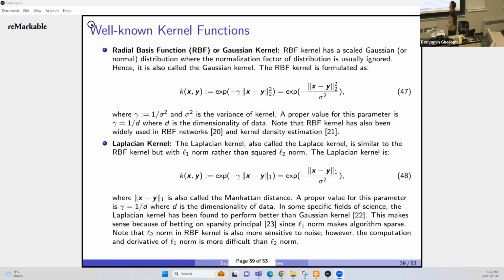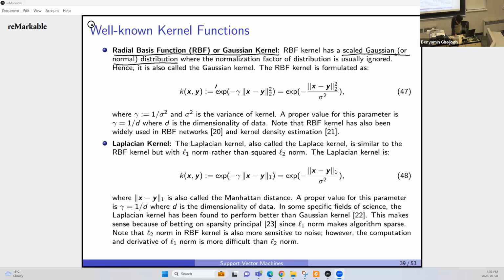Now the other one, this is the most well-known kernel function. This is the radial basis function, RBF kernel, or Gaussian kernel. The RBF kernel has a scaled Gaussian or normal distribution, where the normalization factor of the distribution is usually ignored. So what do I mean? Do you remember the formulation of this?